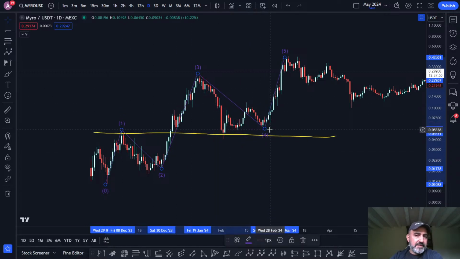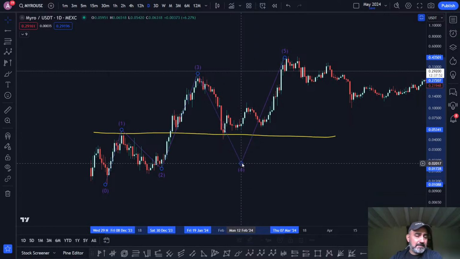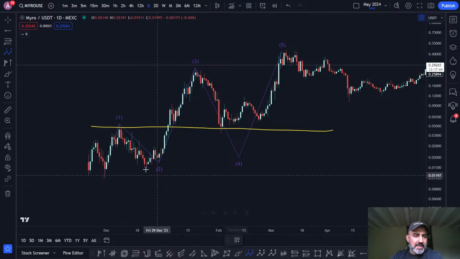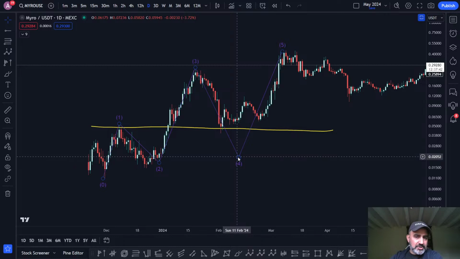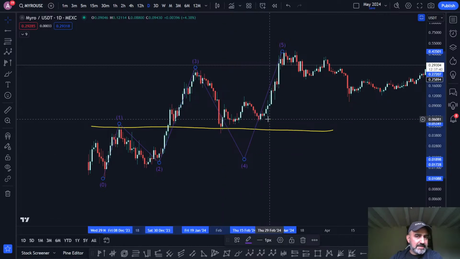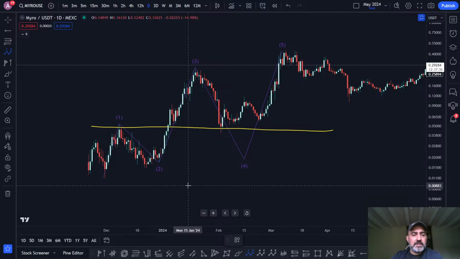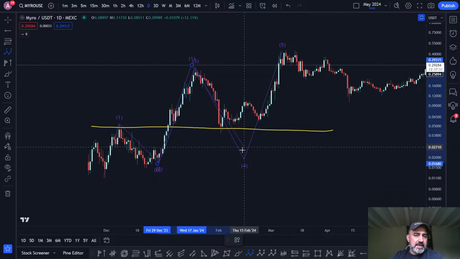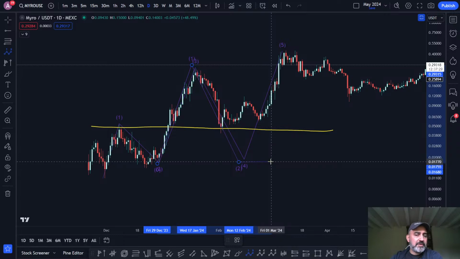If it did this, then what you're probably looking at is the 0 starting here and not here. And if this correction came all the way down to here instead of where it did, then you could reanalyze, and you can go, okay, maybe actually this is where the impulse begins, and this one is actually my 2, not my 4.